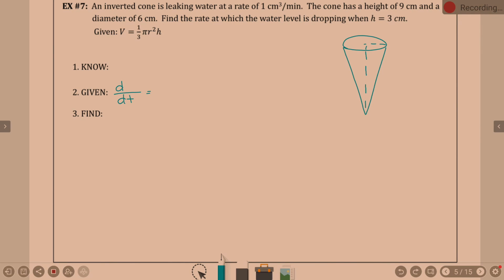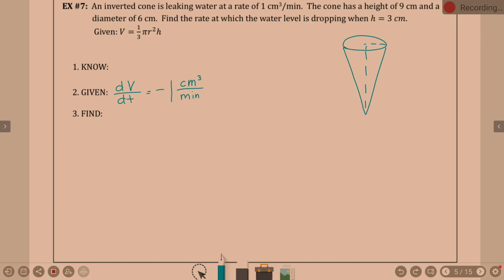It's negative 1 centimeter cubed per minute. Yeah, you said volume. Okay, I didn't hear volume. Sorry. So dV/dt is negative 1 cubic centimeter per minute.